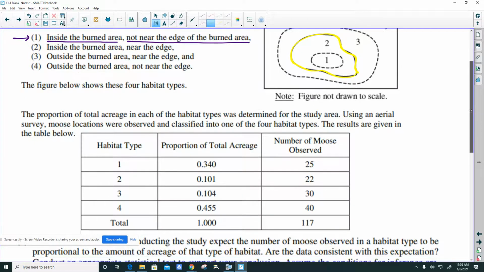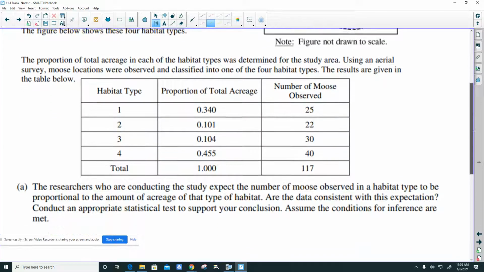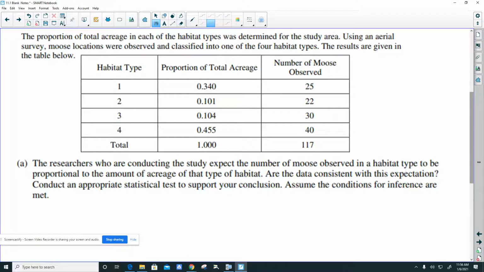Now let's look at what the question is asking for. This is going to help us figure out what our hypotheses should look like. It says the researchers conducting the study expect that the number of moose observed in a habitat type to be proportional to the amount of acreage of that type.